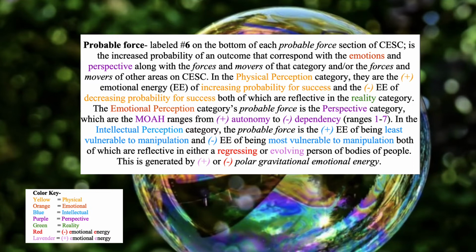The emotional perception category's probability for success is perspective, which are the MOAH ranges 1 through 7 from a dependency to autonomy. In the intellectual perception category, the probable force is the positive emotional energy of being least vulnerable to manipulation and the negative emotional energy being most vulnerable to manipulation. Both are reflective in a regressing or evolving person or body of people. This is generated by positive or negative polar gravitational emotional energy.